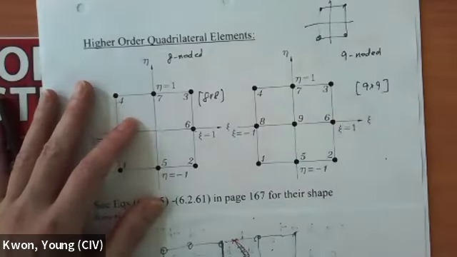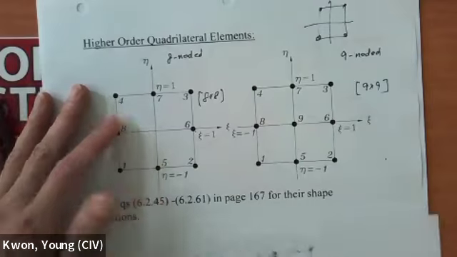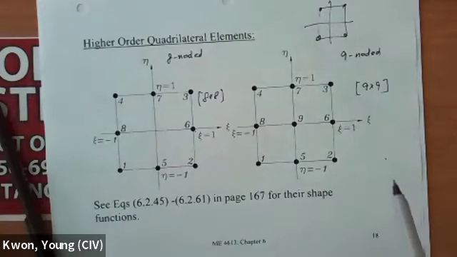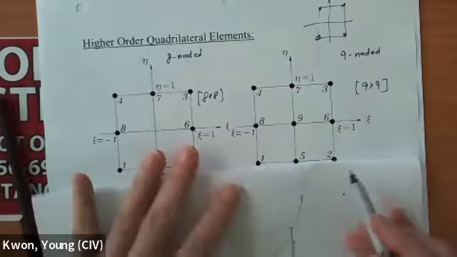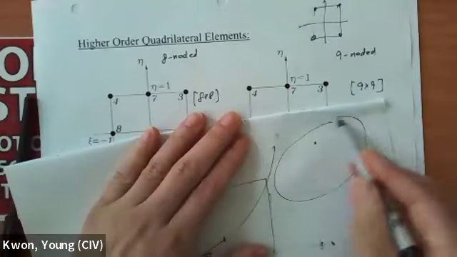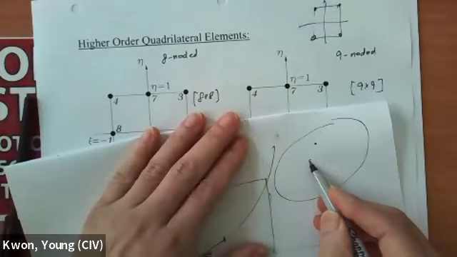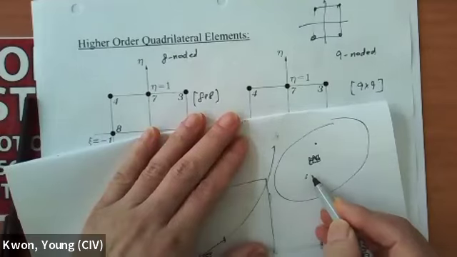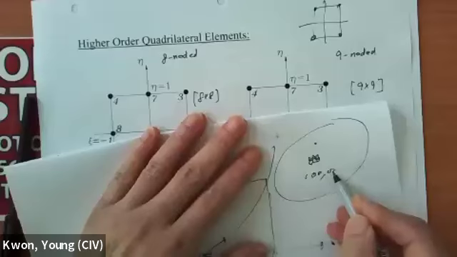So 8 by 8, 9 by 9, not a big deal, right? But let's say I have a problem with a very refined mesh, so let's say 100,000 elements.